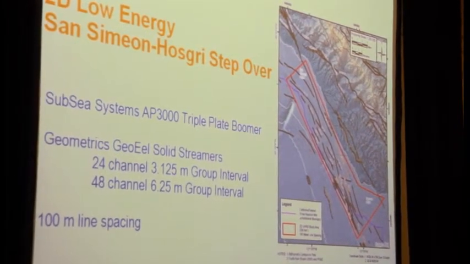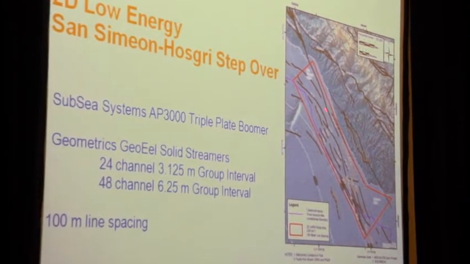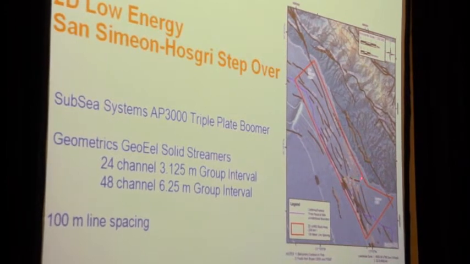In the original LTSP, it was postulated there was about a 3-4 kilometer stepover between the San Simeon and the Hosgri. More recent interpretations tend to suggest that maybe, in fact, this is a continuous feature between the San Simeon and the Hosgri, but nevertheless, it is an important feature for the PSHA in kind of understanding what the seismic hazard is and the seismic potential for that particular area.